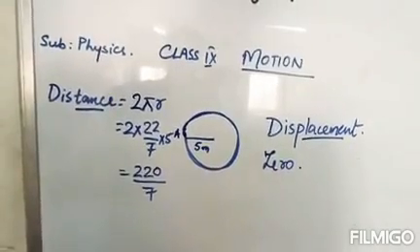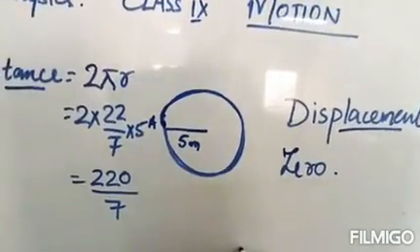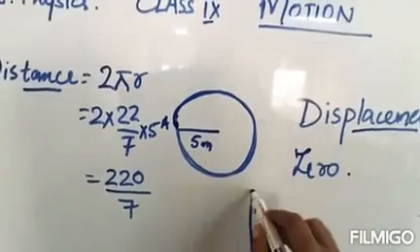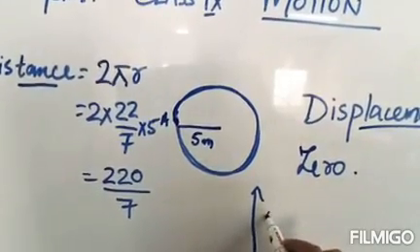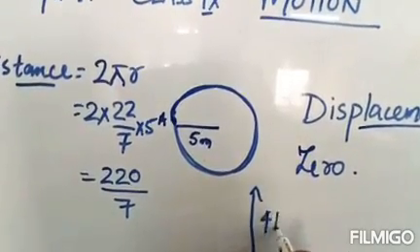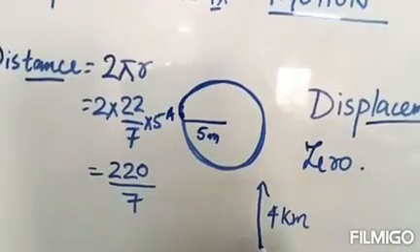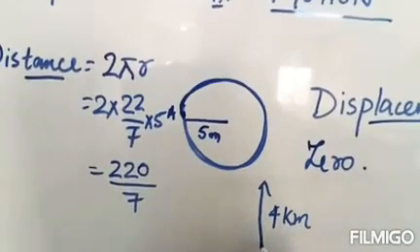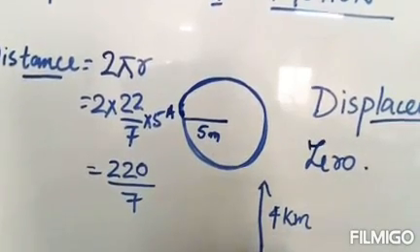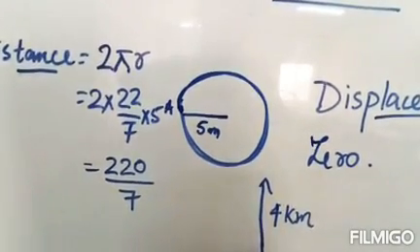And also one thing, suppose a boy is moving in northward direction. Okay, he covered 4 kilometers in north direction. Then he is coming to the southward direction, 2 kilometers.